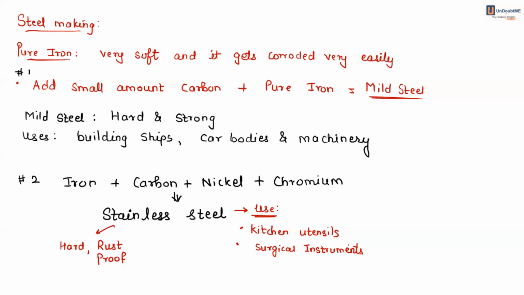Because they are made up of steel. And since they are always in water, salt water especially, salt water enhances the rusting. That's why there is something called galvanization, which is done to prevent the iron from getting rusted. So these are two types of steel: one is mild steel and one is stainless steel.